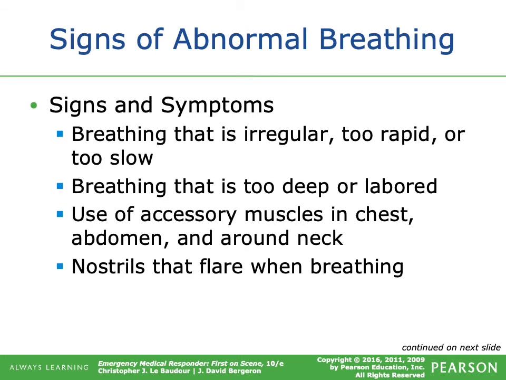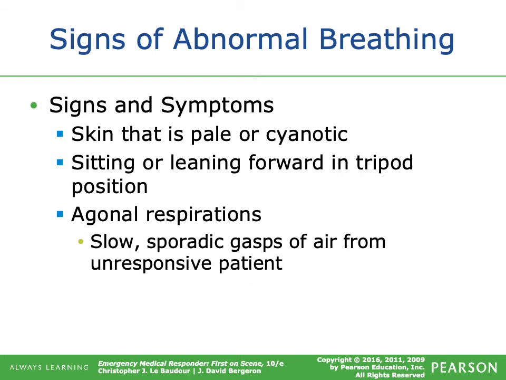Breathing that is irregular, too fast or too slow, breathing that is too deep or labored, use of accessory muscles in the chest, abdomen, and around the neck, nostrils that flare when breathing, skin that is pale or cyanotic. Cyanotic is what you would refer to if somebody has blue coloration around the lips, fingers. Sitting or leaning forward in a tripod position.